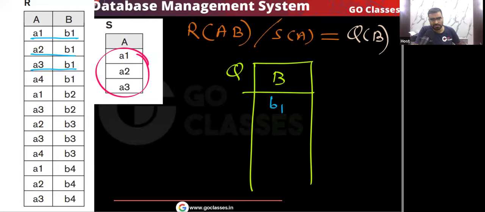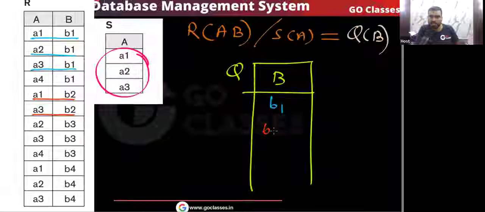Is there any other B value pairing with every S.A value? What about B2? B2 is pairing with A1, A3, but B2 is not pairing with A2. So B2 will not come.